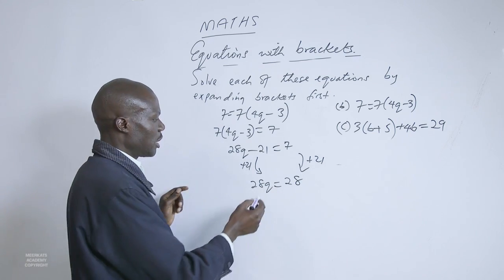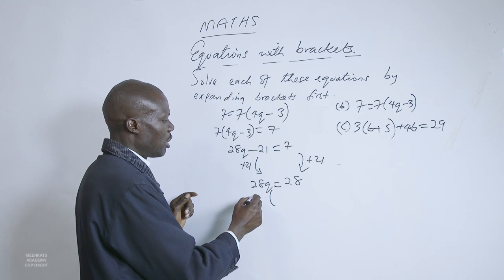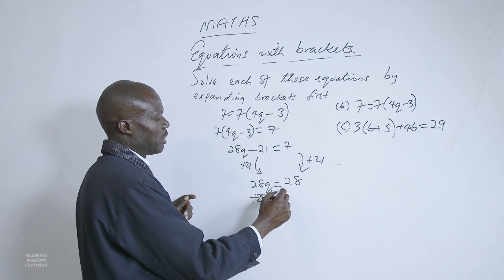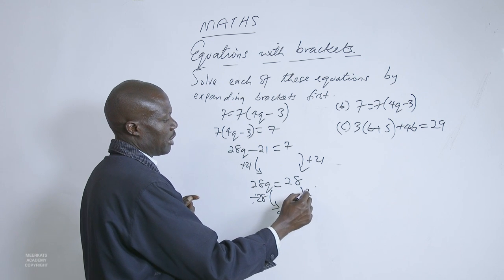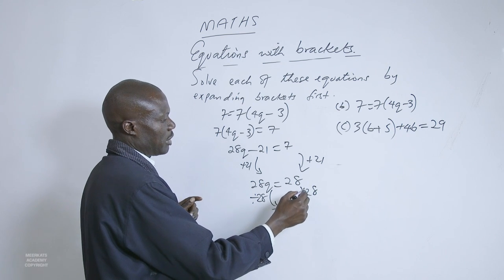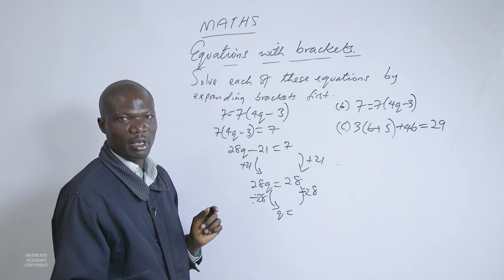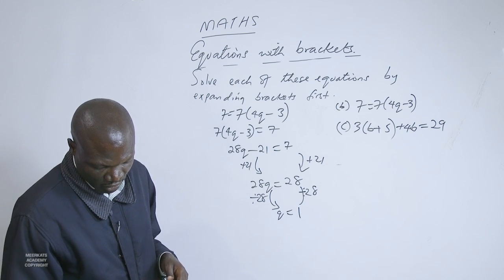Now, having reached 28q is equal to 28, we want to remain with q. Divide this side by 28, and divide here by 28. 28 divided by 28 will give us 1.